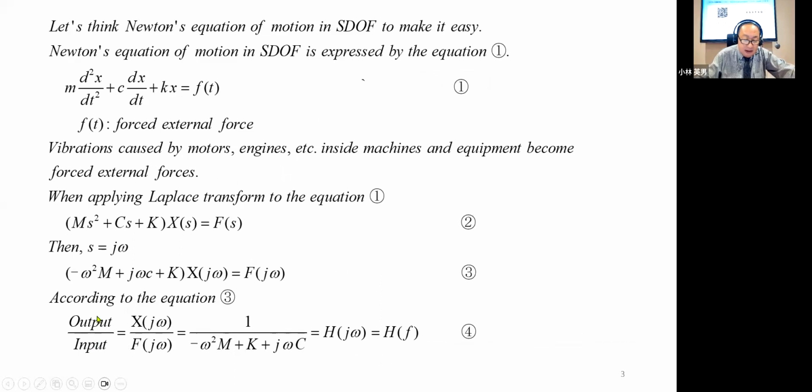We measure input and output. So input is given to FFT, okay? Output is also given to FFT. Then FFT, and we make this one. That means we measure H, frequency response function. So the frequency response function in experiment is measured by FFT, okay?